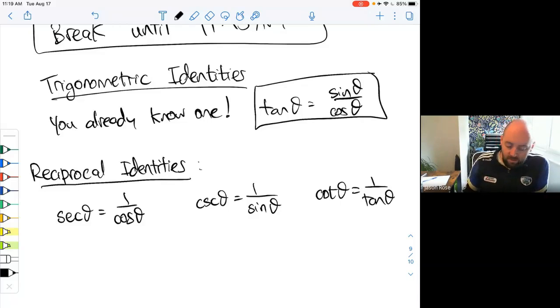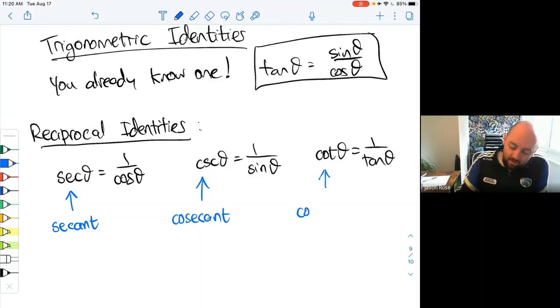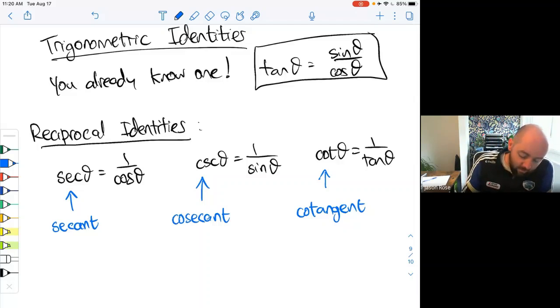So those are the reciprocal identities. Just to spell this out so that you can see these written: secant is secant, cosecant is just secant with co in front, and cotangent is just tangent with co in front. Secant, cosecant, and cotangent. Those are a couple of little formulas you're going to need to learn.